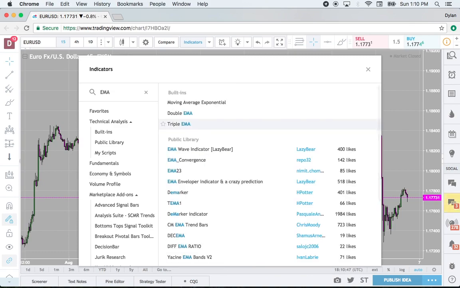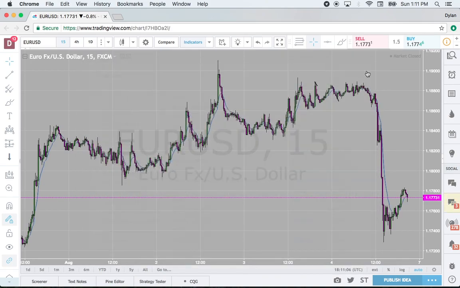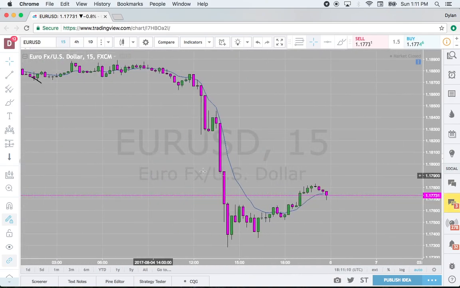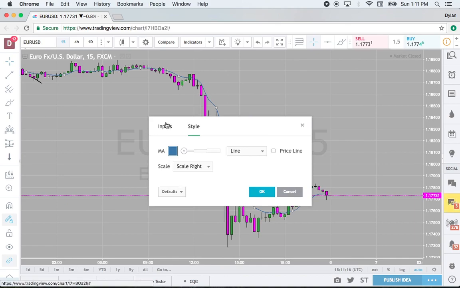So, EMA, type it in, click indicators, type in EMA, and then what we will be using is moving average exponential. Press this 1, 2, 3 times. Now, what we're going to be doing is clicking one by one on here.